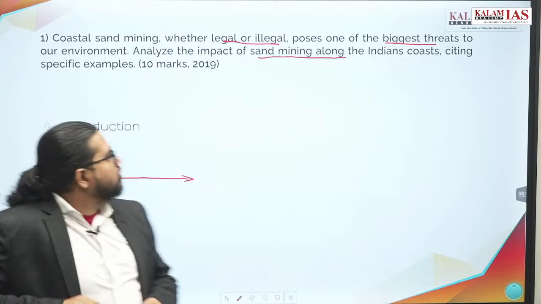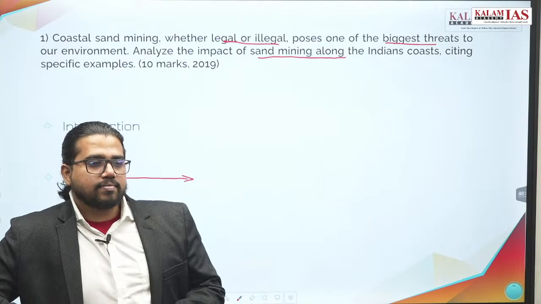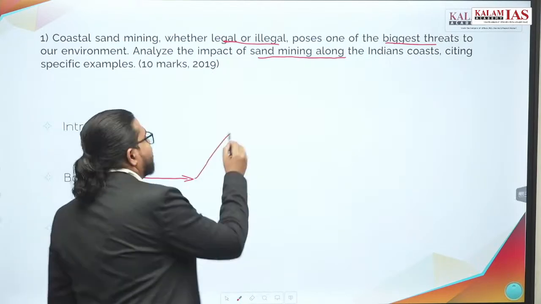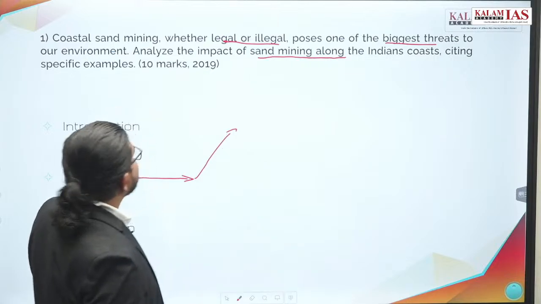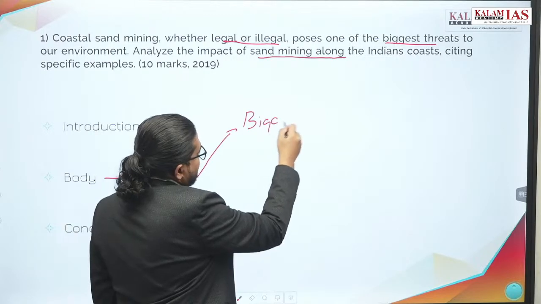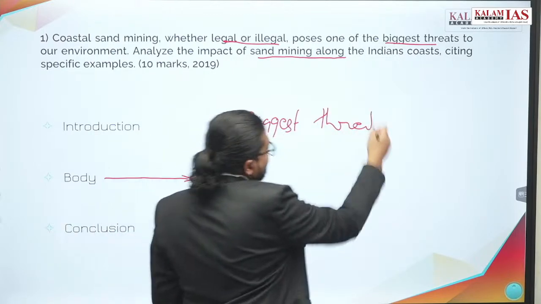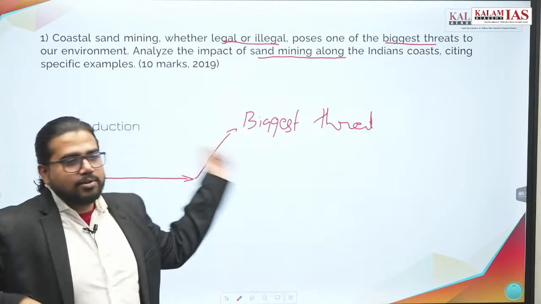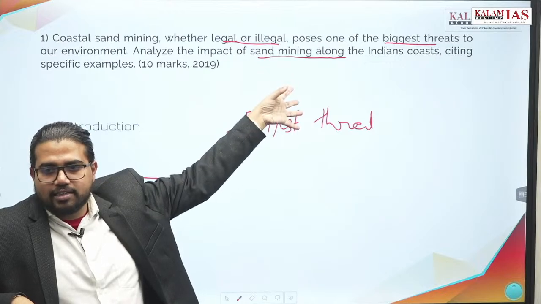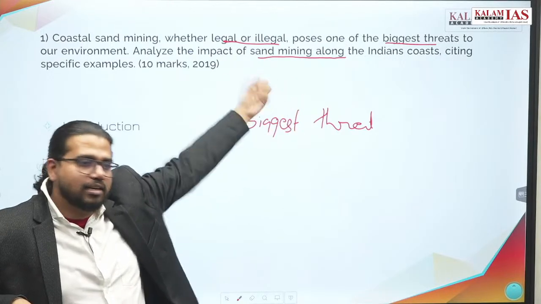What are the positive points of sand mining? That part we don't have in the PPT. Anyway, that's very good. So the first part you are doing is the biggest threat to the environment. Some substantiation you are giving. You can club it with the introduction also. If no definition or data comes to mind, club the idea of the statement with the introduction.